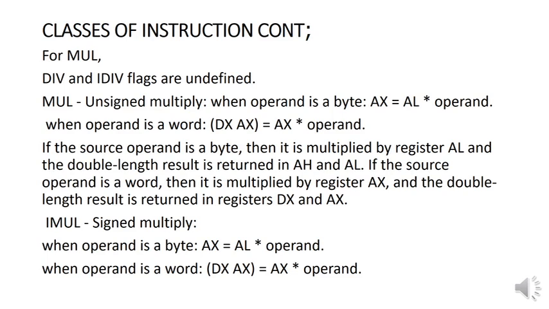If the source operand is a byte, then it is multiplied by register AL, and the double length result is returned in AH and AL. If the source operand is a word, then it's multiplied by register AX, and the double length result is returned in registers DX and AX.